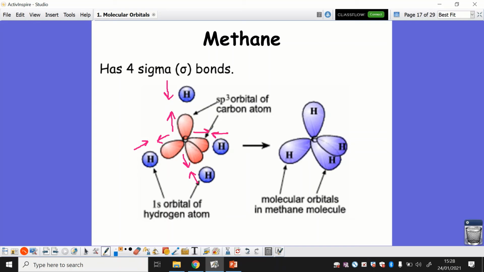I'm really trying to get this idea of end-on overlap across, which is really difficult from behind a computer screen. However, this happens 4 times around the carbon atom in each of the sp3 hybridized orbitals. So methane contains 1, 2, 3, 4 sigma bonds.